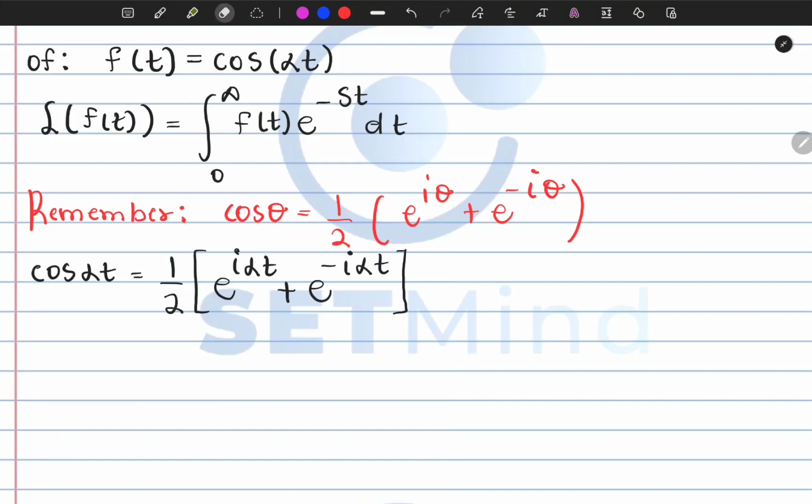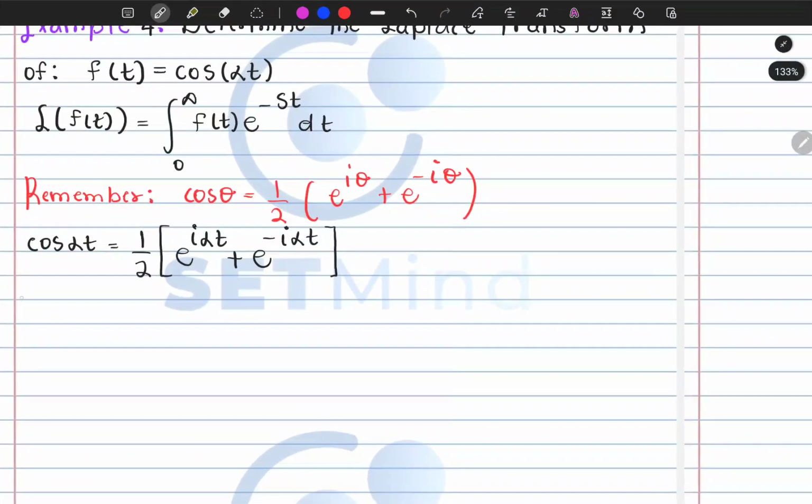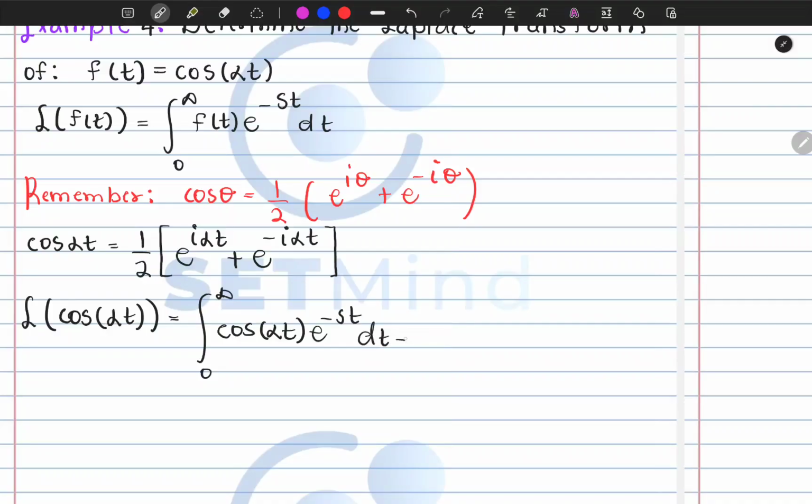This will take a similar approach to the one which we took for sine. So let's go ahead and start finding our Laplace transform for cos of alpha t. This will be an integral from 0 to infinity. Take our cos, put it there, dt, and this will be the same as taking the integral from 0 to infinity.